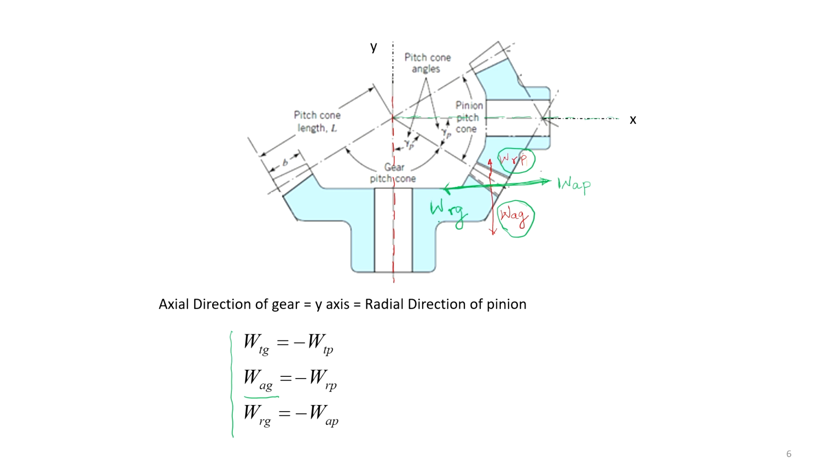Similarly, the radial force on the gear is acting in the opposite direction of the axial force on the pinion. So, WRG will be minus of the WAP. That means radial force on the gear and the axial force on the pinion will be the same in magnitude, but their direction will be opposite, and so WRG is equal to minus of the WAP.